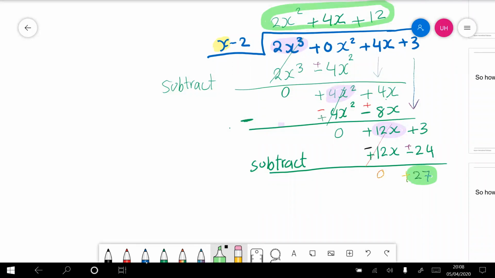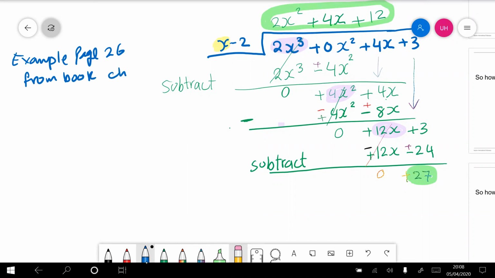This was an example, page 26 from your book. So it's chapter 2.